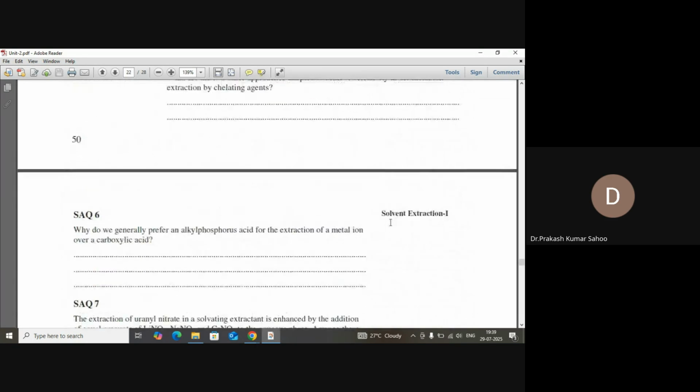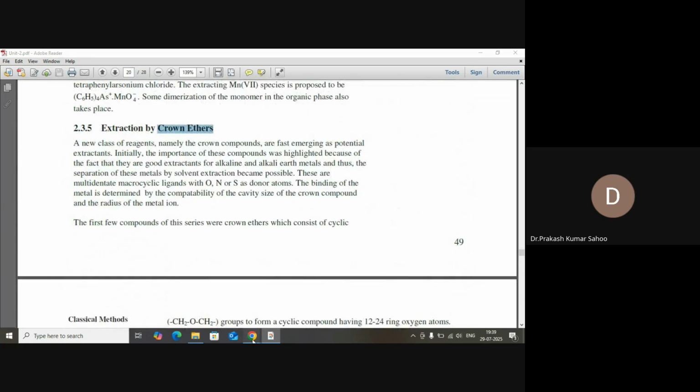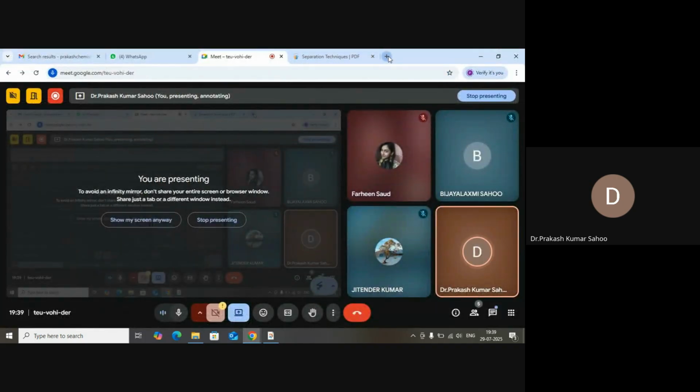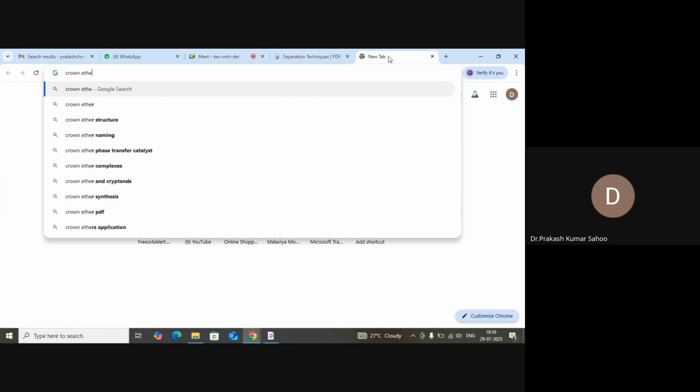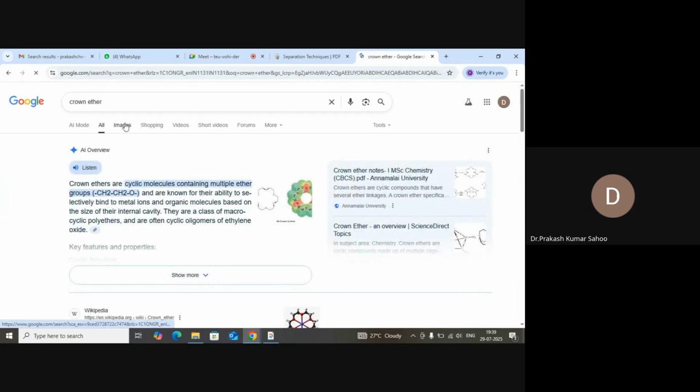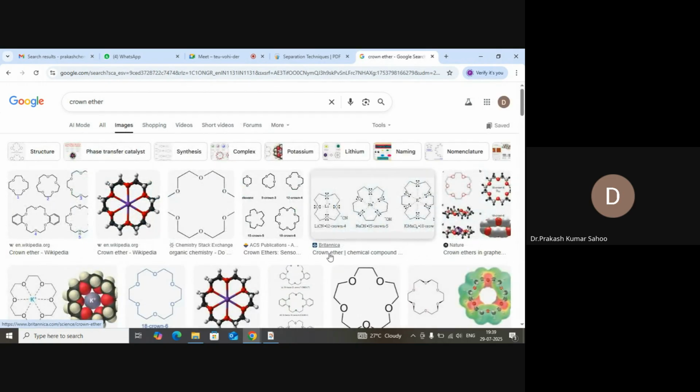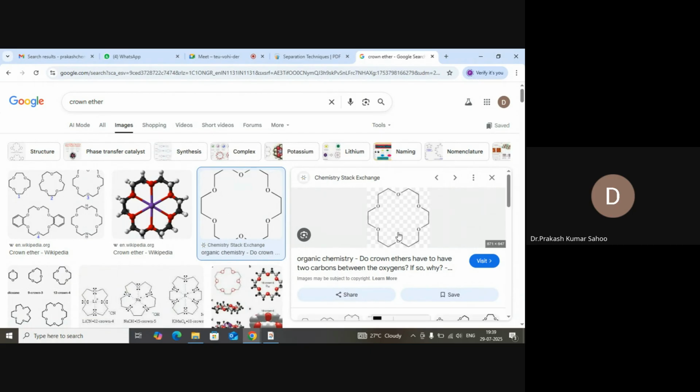It just looks like a crown of a king, where after every CH2 CH2, that is ethylene linkage, one oxygen is there.